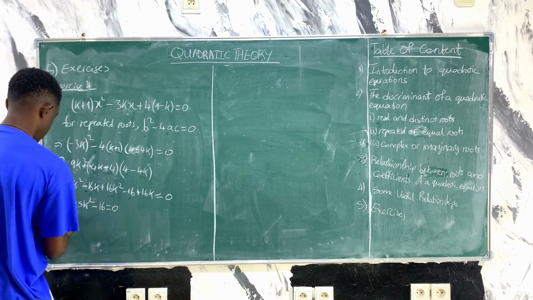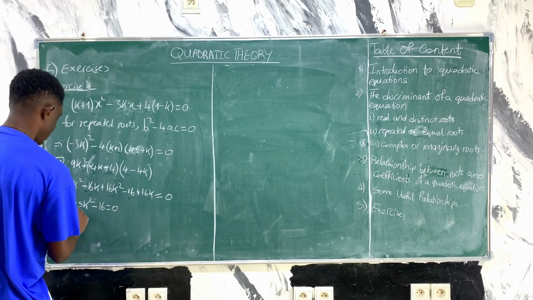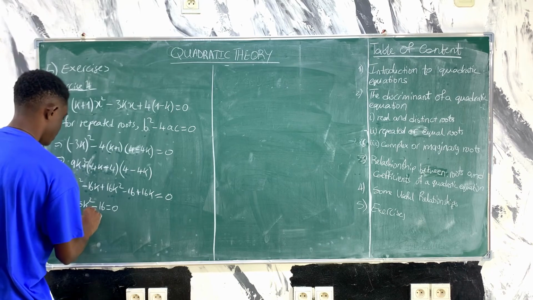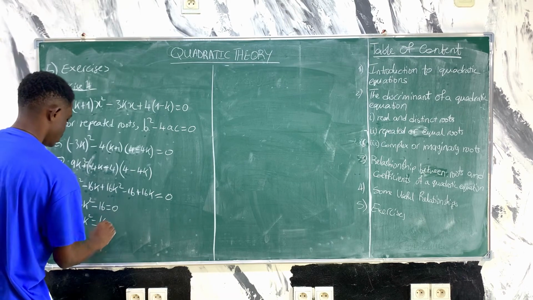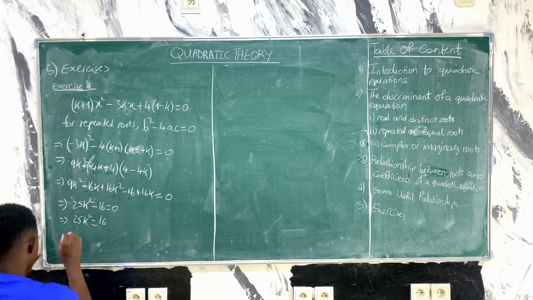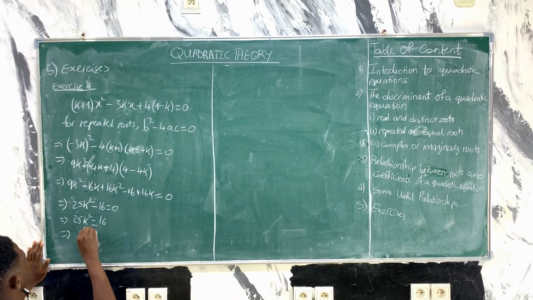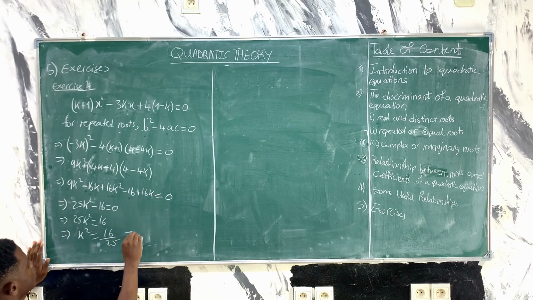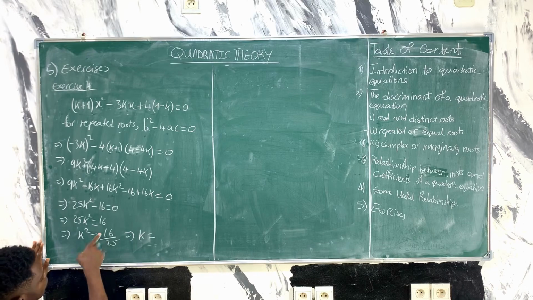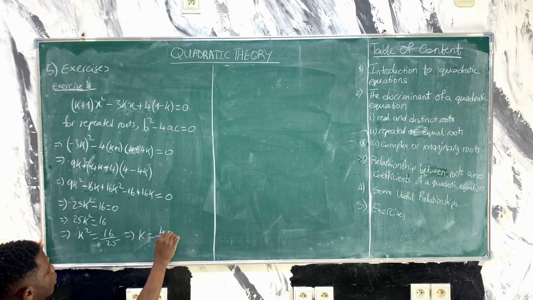So that would imply 25k squared is equal to 16, which implies k squared is equal to 16 on 25, which implies k is equal to square root of 16 on 25, which is 4 on 5.